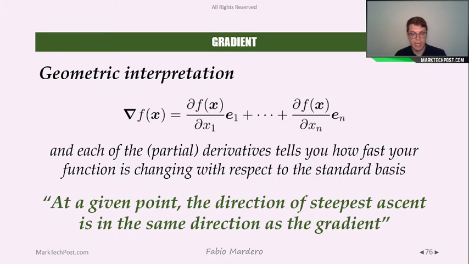Now, scaling this up, considering just one direction here, we can say the same for the partial derivative. Wrapping up together using the canonical basis, we get that the direction of steepest ascent is in the same direction of what? Of the gradient.